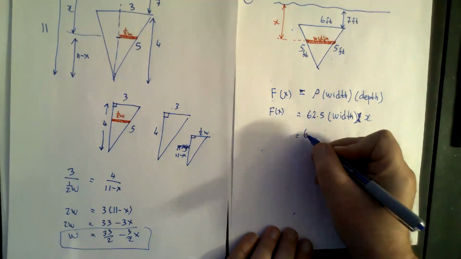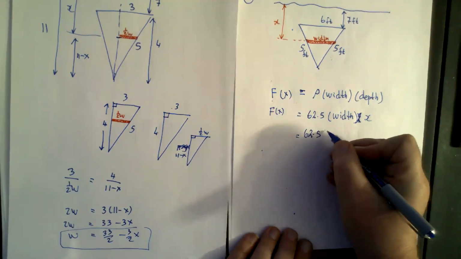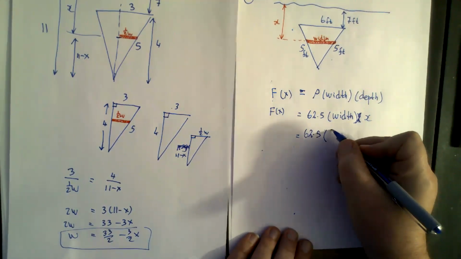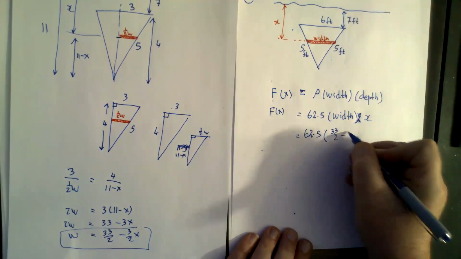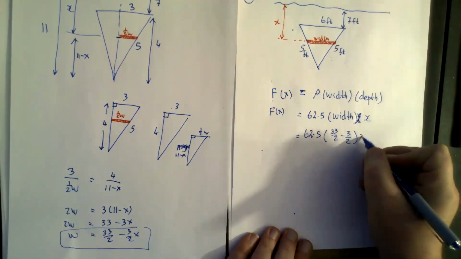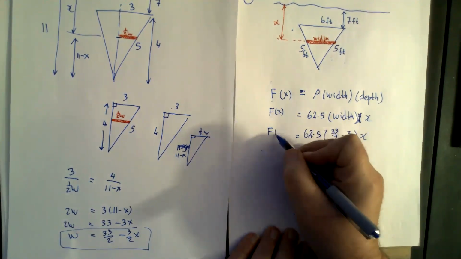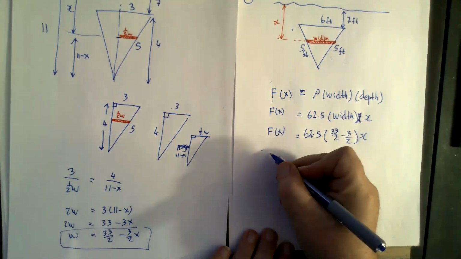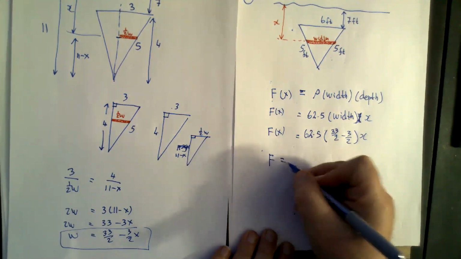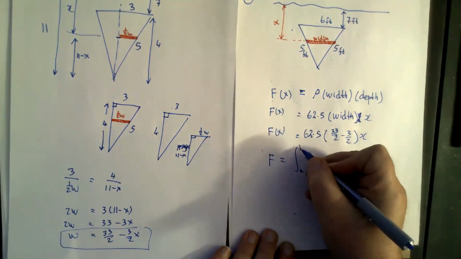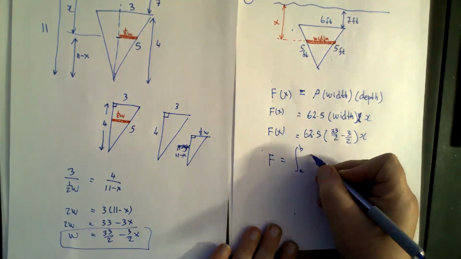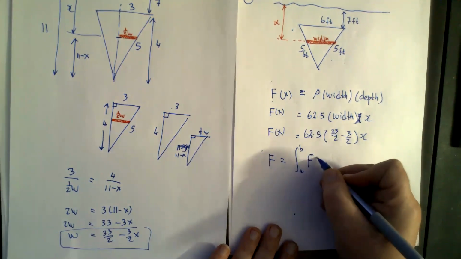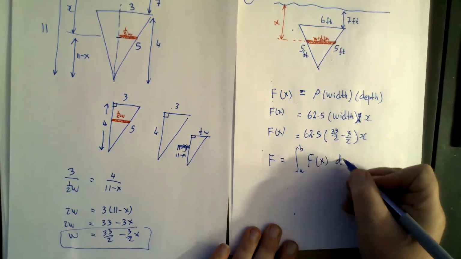So it's going to be 62.5 times that guy times him. And our force then will be equal to the integral from A to B of f of x dx.